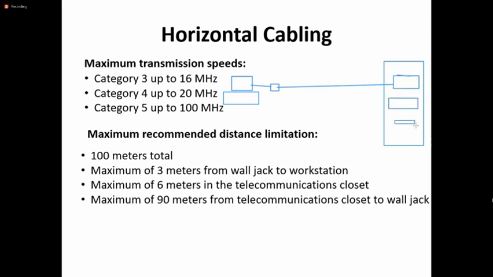You have some switches and the wiring you have here, that distance they have mentioned as 6 meters, right? So between your wall port to the main network closet, it should be 90 meters.